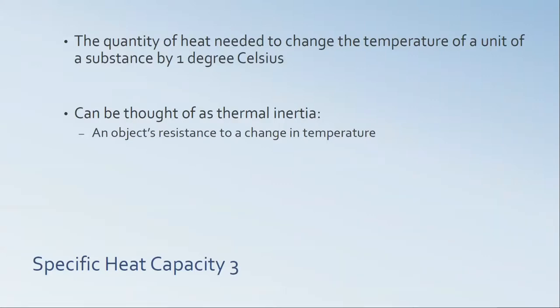Specific heat is going to be the amount of heat needed to change the temperature of any specific substance by 1 degree Celsius. Another useful way to think about specific heat capacity is as the thermal inertia of an object. So it's a measure of an object's resistance to changing its temperature.